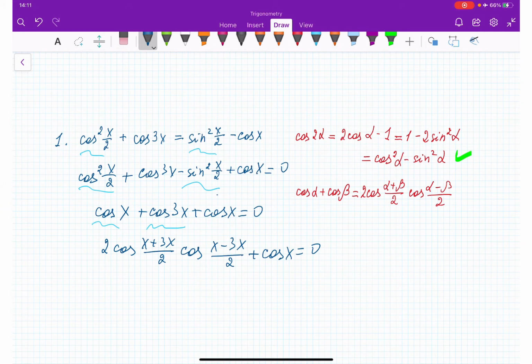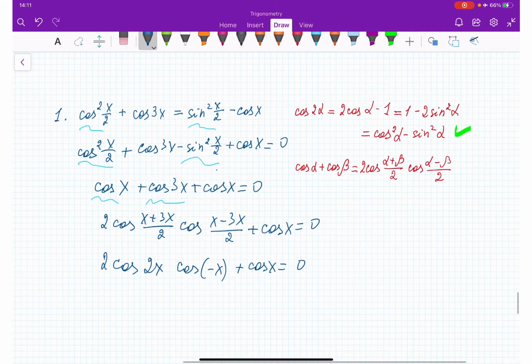So from here we are going to have 2 cosine 4x divided by 2, cosine 2x. Next it's going to be cosine negative x and plus cosine x.